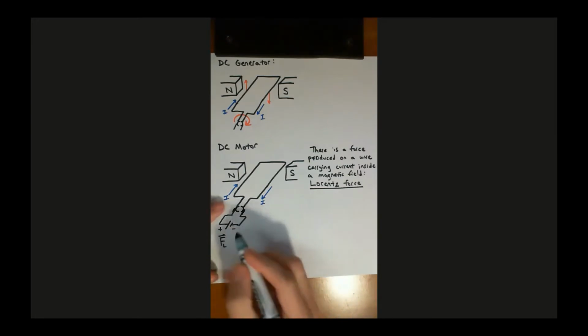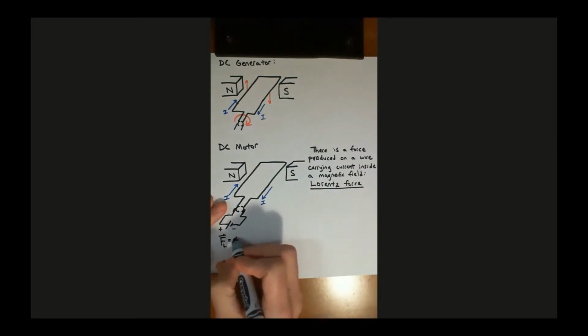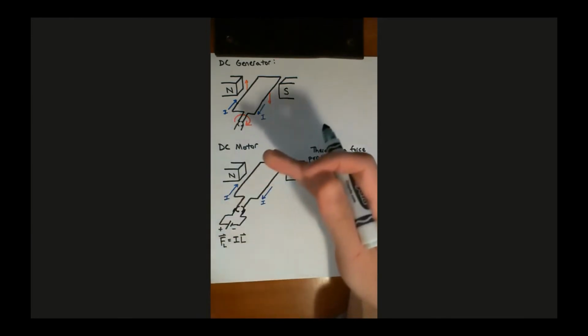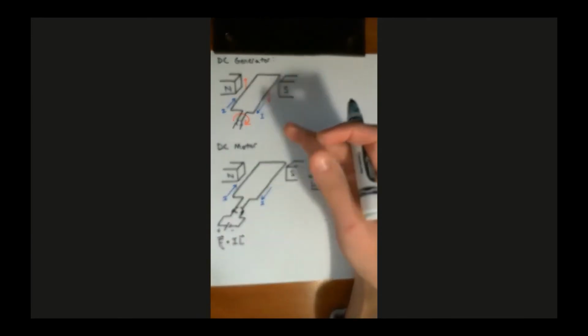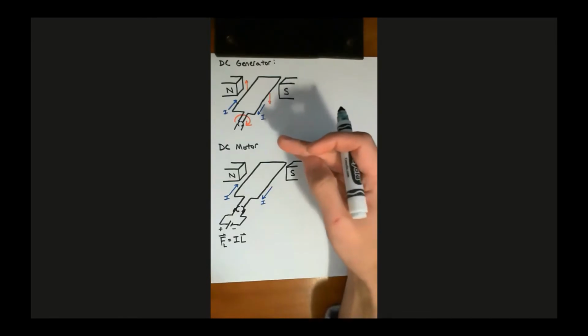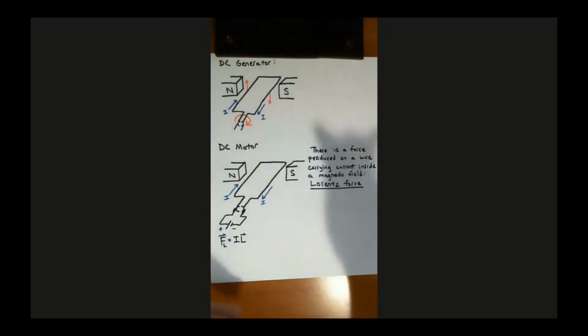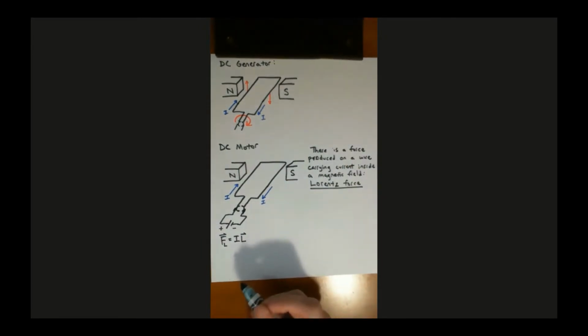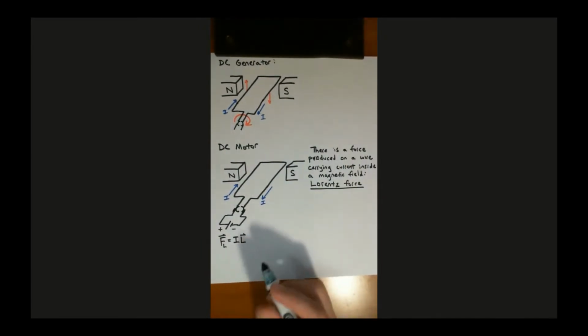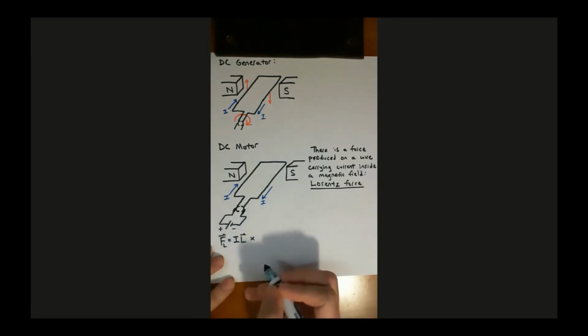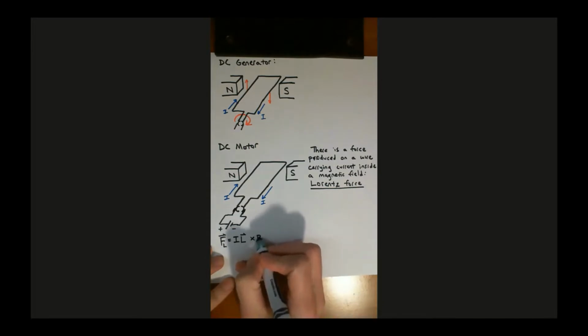So the Lorentz force is equal to the amount of current flowing through the conductor times the length of the conductor, which is also a vector, because the length has a certain magnitude. It might be 10 centimeters or 1 meter, and it has a certain direction as well. And that is actually taken by the cross product. That's not actually a multiplication.